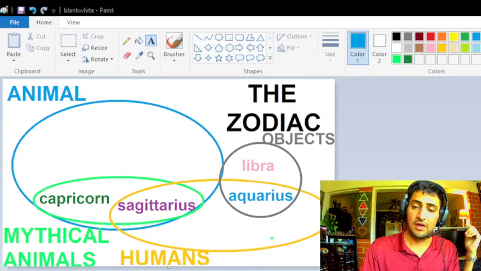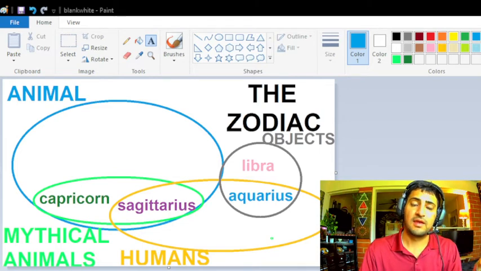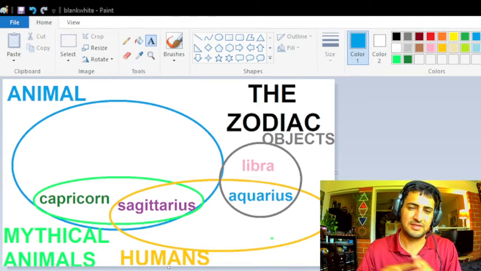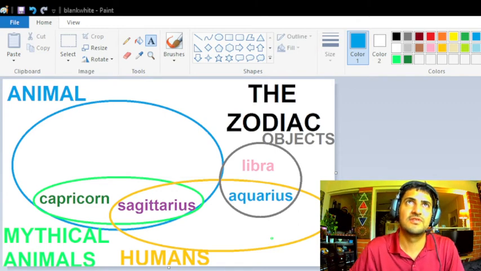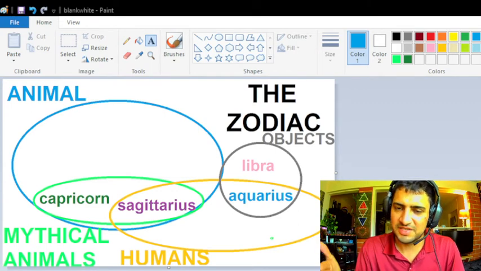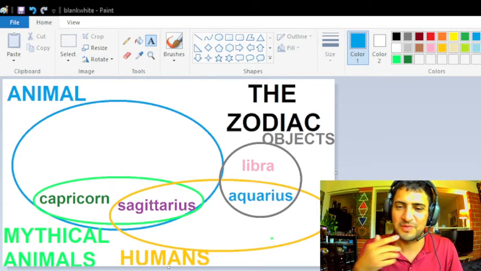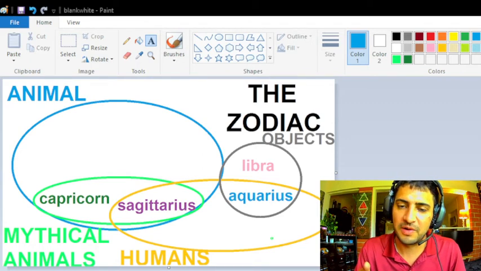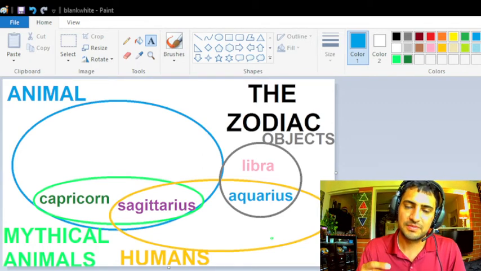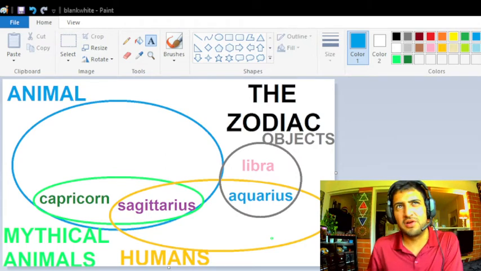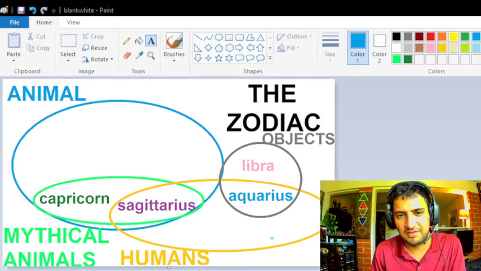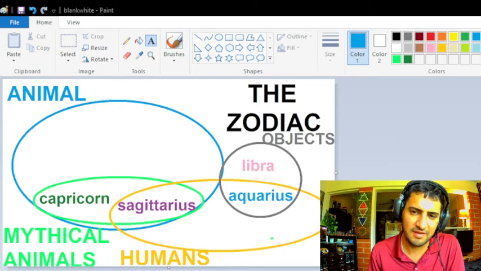Okay. Aquarius is the water bearer. And that's why I put it in this in between area. Like Libra is often just, or excuse me, did I say Libra? I meant Aquarius. We're talking about Aquarius now. Aquarius is the water bearer. I put it in this in between area because water bearer implies that it is a human, but water bearer could be an object, like a water bearing object.